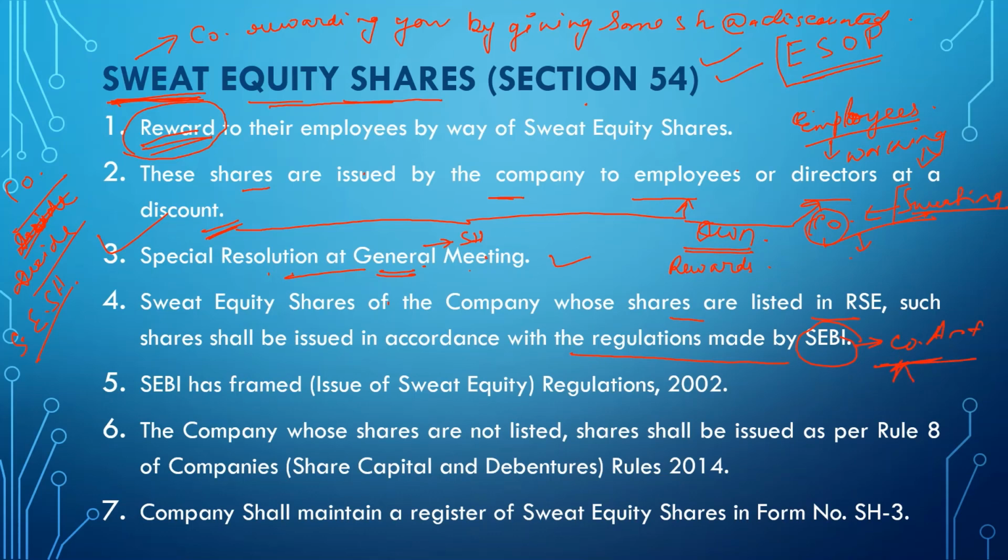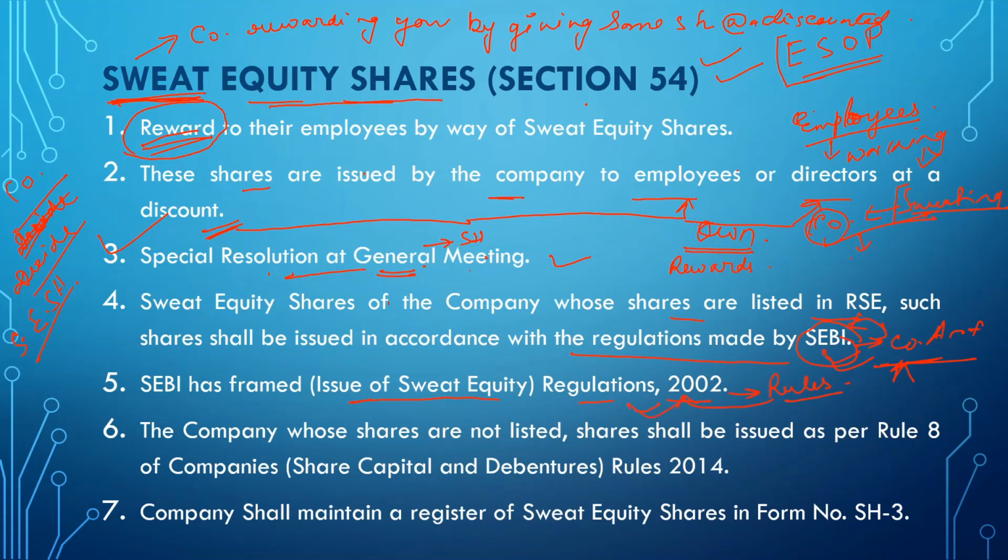But if this is a listed company, they have to follow both, though mainly the SEBI, since it's all about shares. SEBI has framed the Issue of Sweat Equity Regulations 2002, which regulates the provisions of sweat equity shares. If any listed company wants to issue sweat equity shares, the rules they have to follow are totally guided by this regulation.